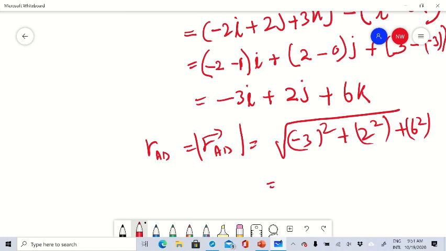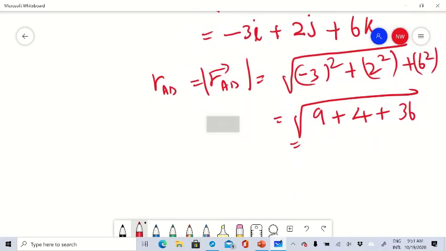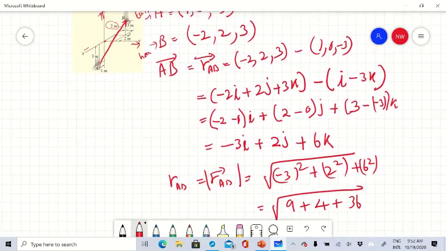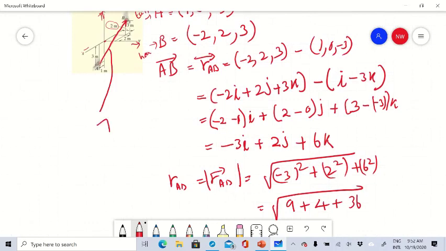So this is equal to square root of 9 plus 4 plus 36, which is 49. So the magnitude of the vector RAB is equal to 7 meters, right? So the length of this rubber band is 7 meters, right?